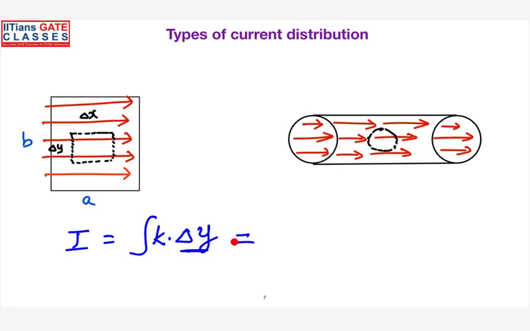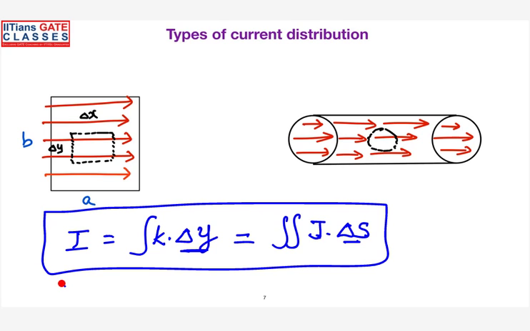So in terms of volumetric, that is double integral J into delta S. If suppose J lies in the direction of X, this delta S is nothing but the YZ plane. Suppose J lies in Z direction, this differential surface will be dx into dy, like that. So the current is in the order of amperes, the surface current is in the order of ampere per meter, and the volumetric current lies in the order of ampere per meter square.